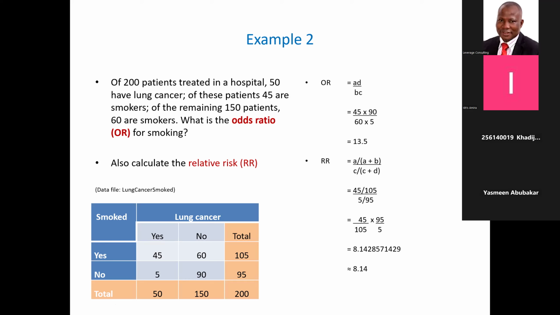So what is the risk of smoking among those people that have lung cancer? Is what over what? Who will say it? The risk of smoking is what over what? The risk of smoking among the 50 people that have lung cancer.